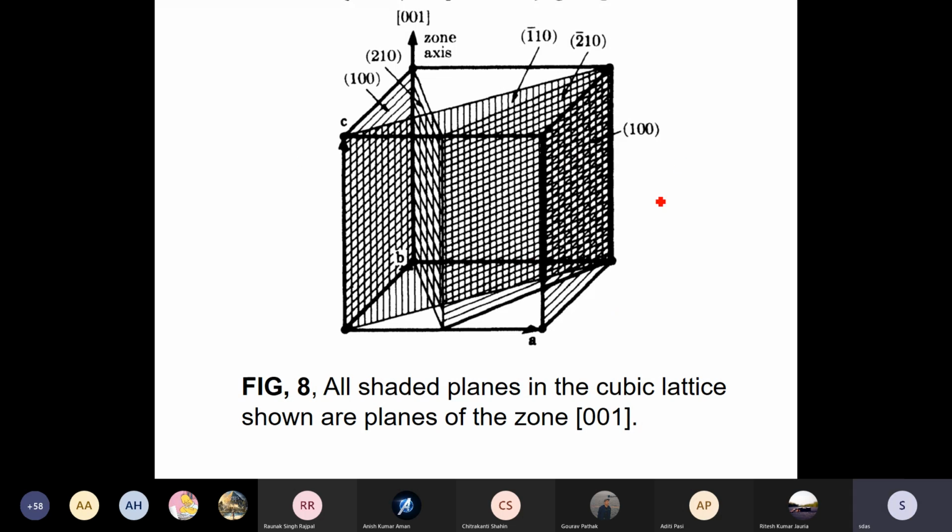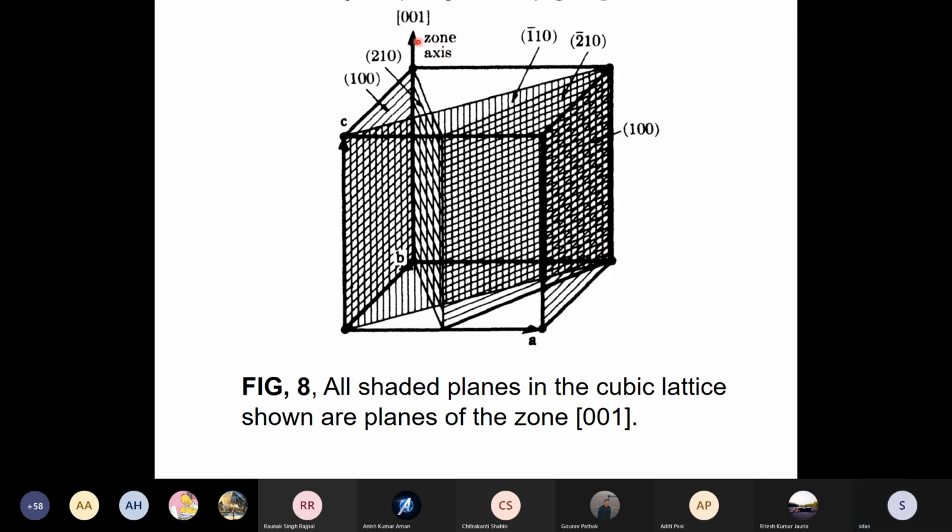You see, if you take a dot product of this plane with this direction, 0, dot product of this with this 0, dot product of this and that 0. So if you take a cross product, it will be this vertical axis 0, 0, 1 you will get.